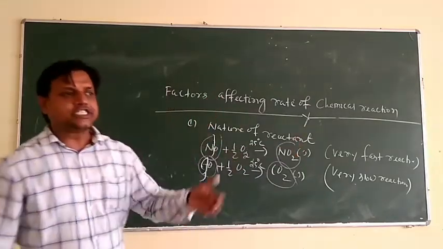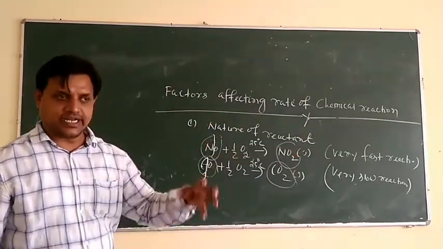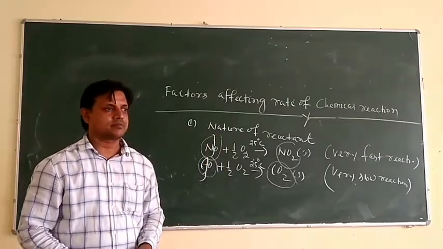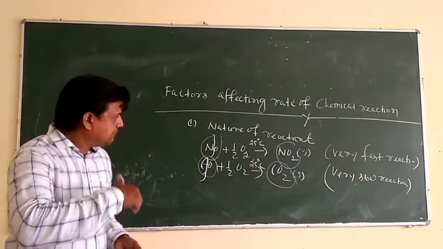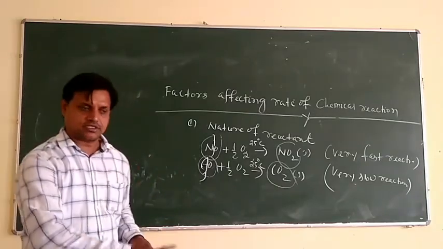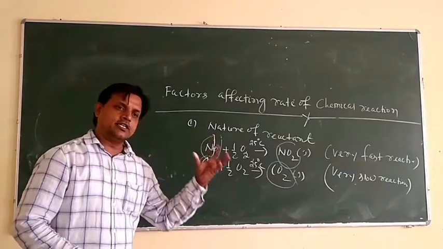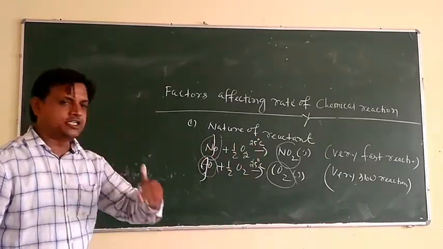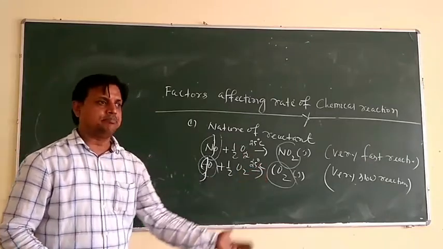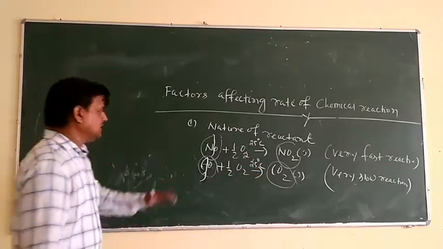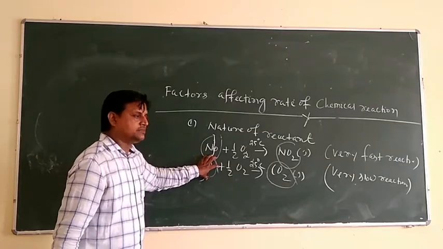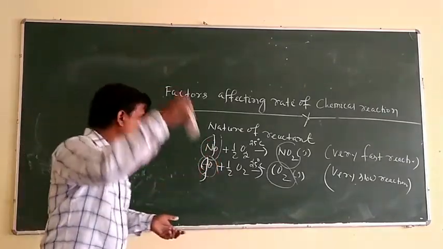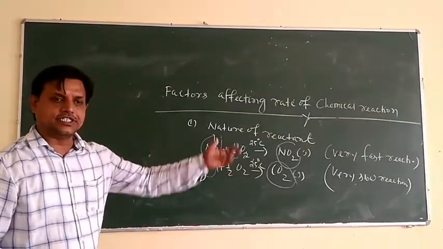So the nature of reactant, meaning the bond energy of reactant, can affect the rate of reaction. If the bond energy of reactant is very less, then the reactant bond is broken very easily and makes the reaction very fast. If the bond energy of reactant is very high, the bond is broken with more difficulty and reaction is very slow.